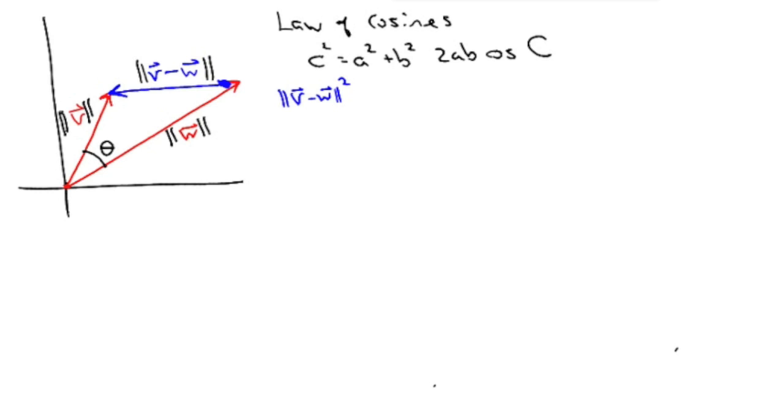So the length of that side squared is equal to, well, A and B are just V and W, so the magnitude of V squared plus the magnitude of W squared minus 2 times the magnitude of V, magnitude of W, cosine of the angle I'm looking for. So far, just law of cosines.